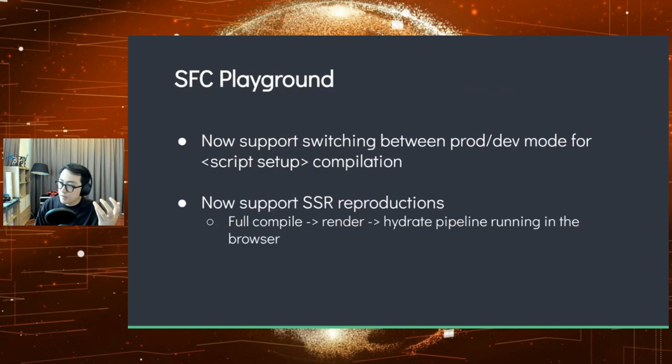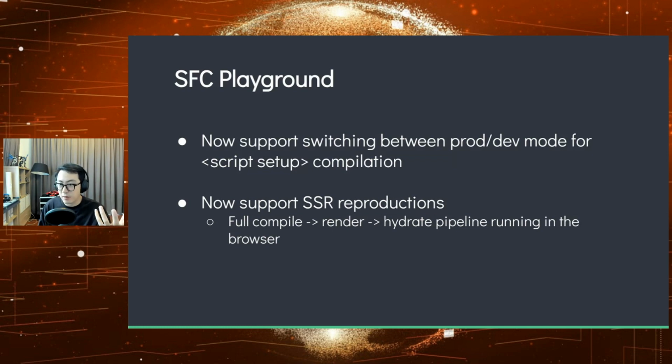On the sideline, we have the SFC playground, which has been the recommended way to provide bug reproductions for Vue 3 at this point. And we noticed that there are two categories of bugs that are really hard to reproduce in the SFC playground.